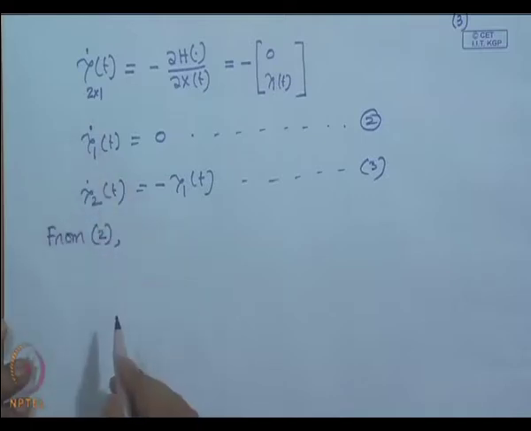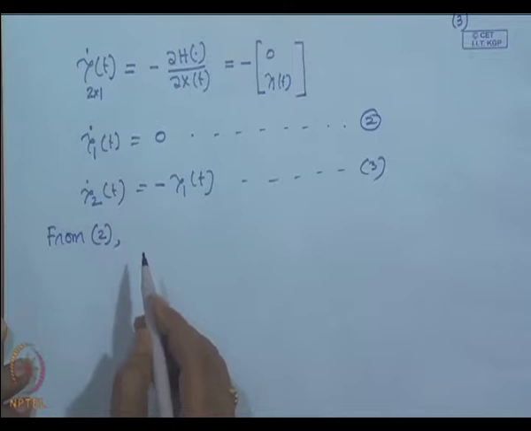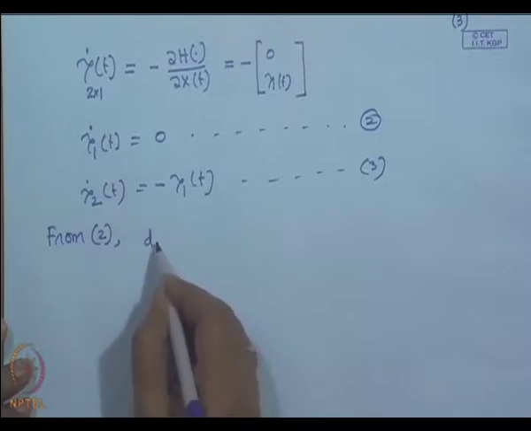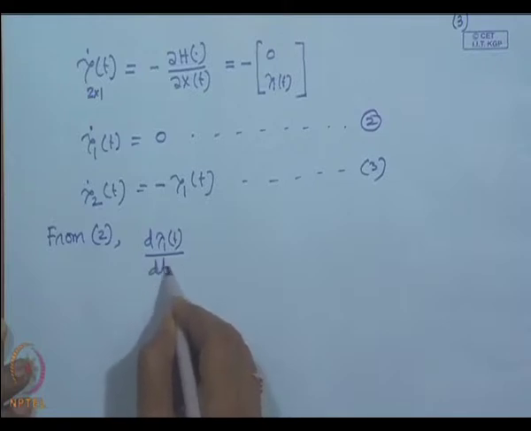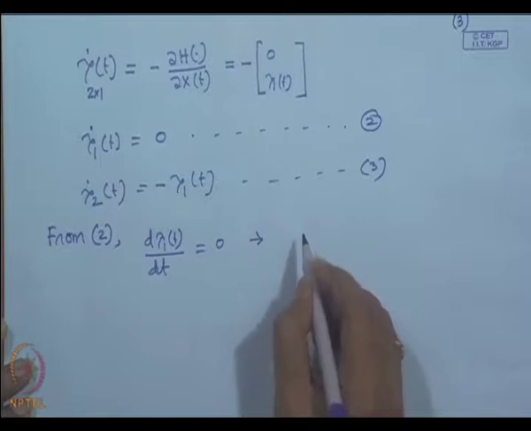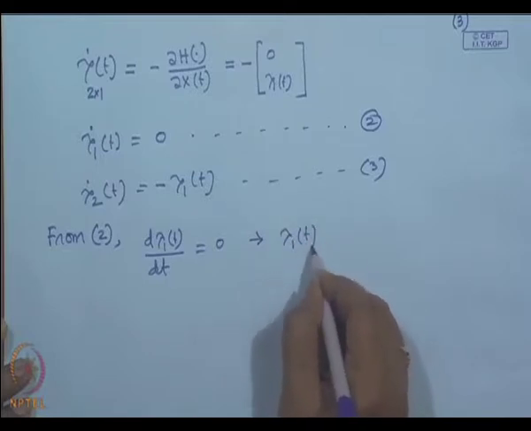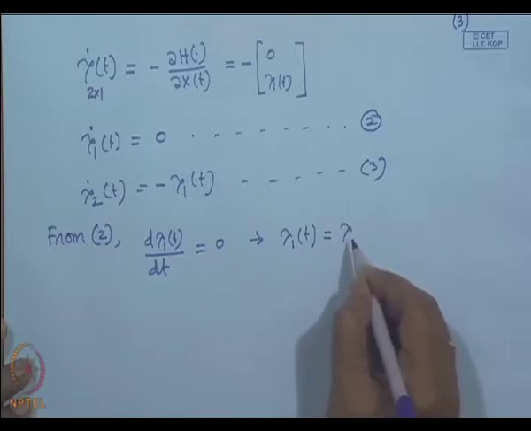Integrate that with respect to t. Lambda 1 dot is equal to 0. So, this implies that lambda 1 of t is equal to lambda 1 of 0.